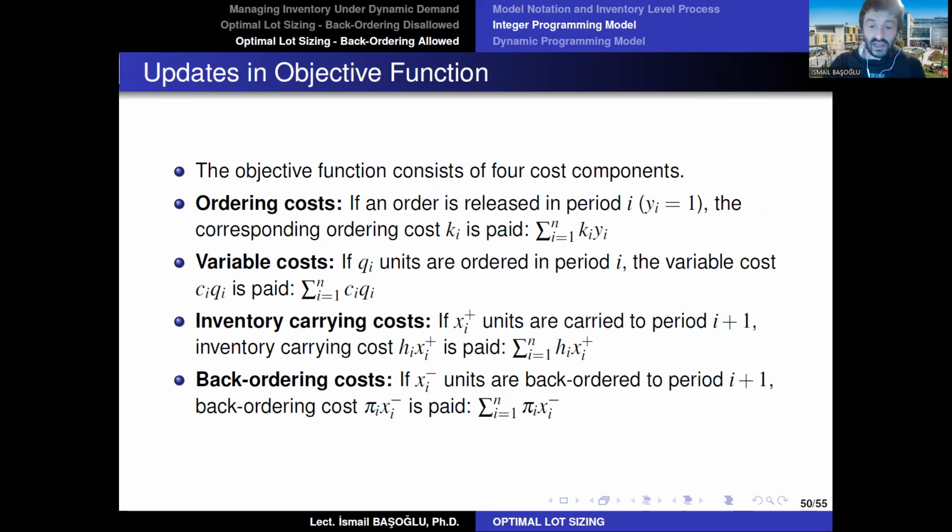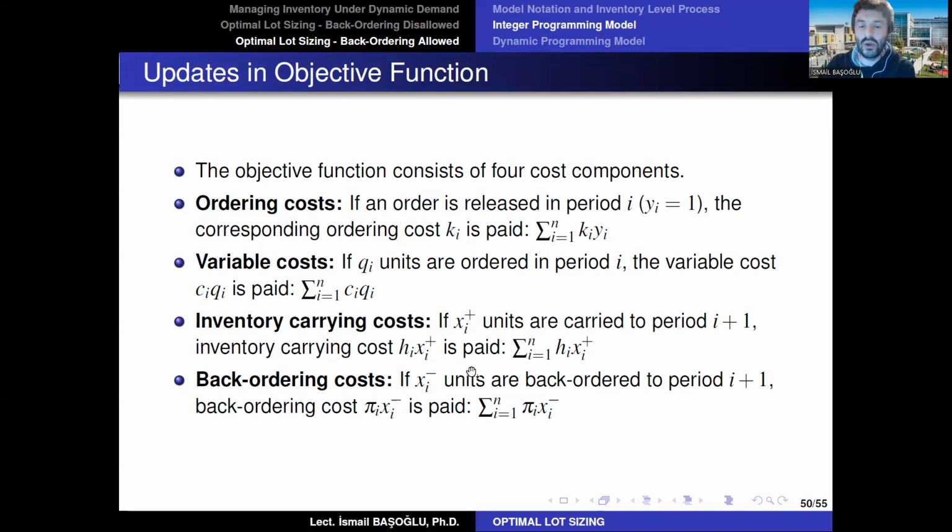And finally, obviously the summation of these inventory carrying costs from the first period to the last period will give you the total inventory carrying cost. And finally, if you have a backordered amount or backordered quantity at the end of the ith period, which means xi minus, this decision variable, is going to be positive.